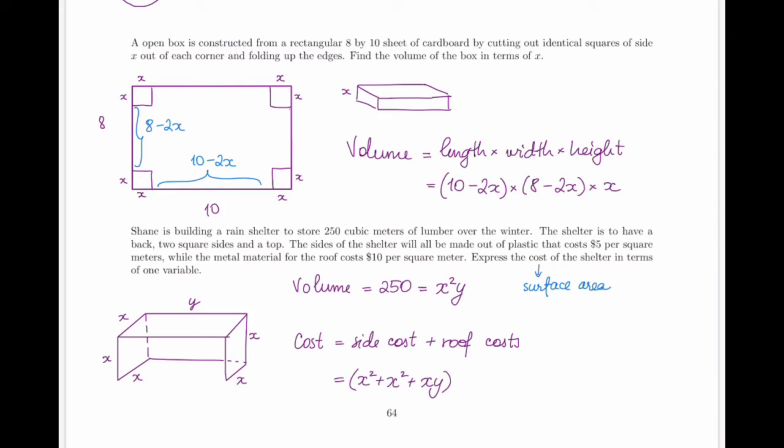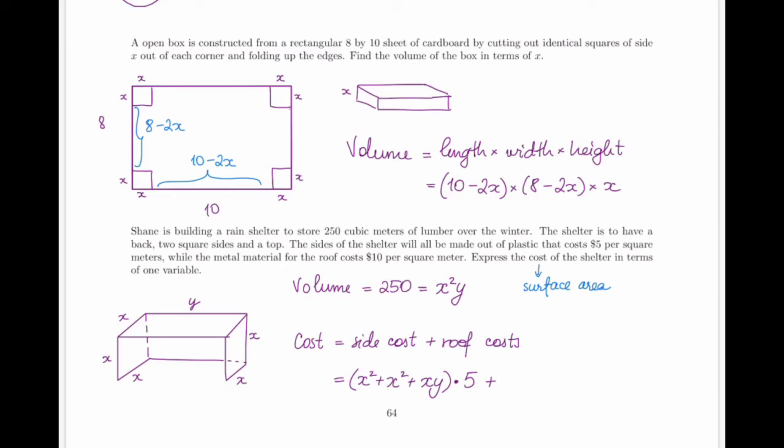Okay? So if I have, for example, 3 square meters of all of the sides, each square meter is worth $5. So altogether it'll be worth 15. Now I have this many square meters of the material to be used up for the sides, and each square meter is $5, which means that I have to multiply this by 5. Plus, however much the roof costs.